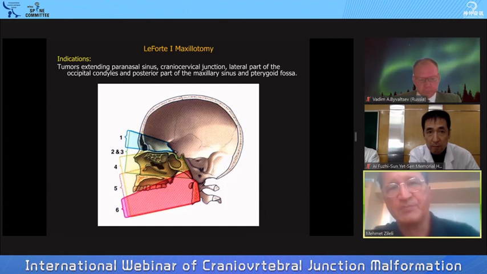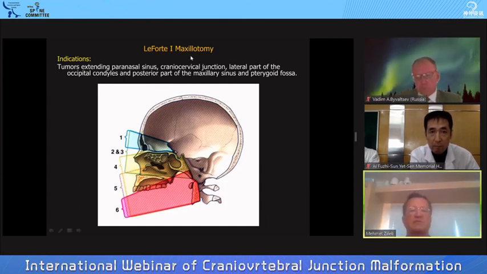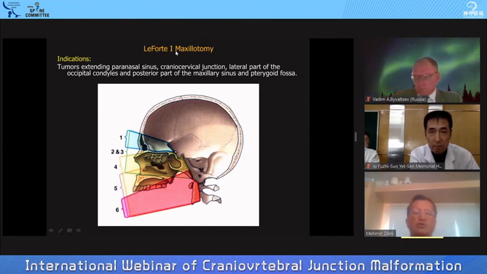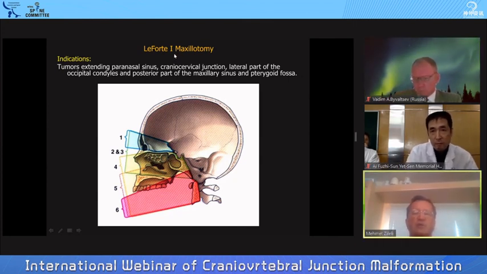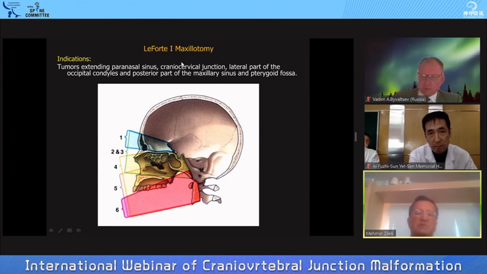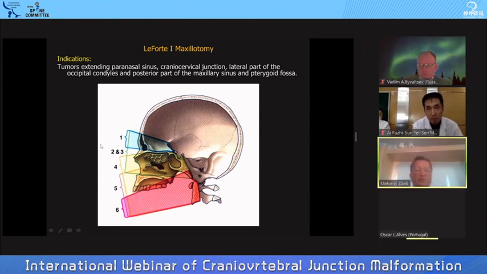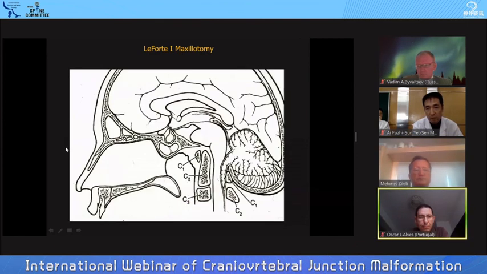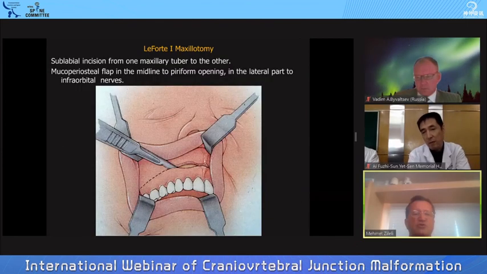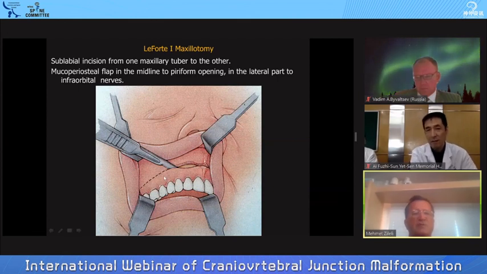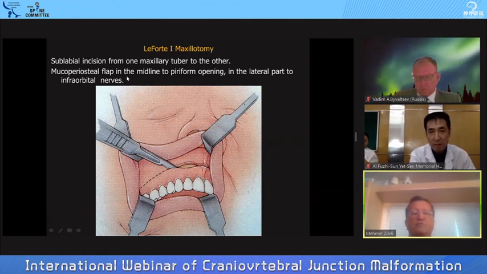There are some other approaches like Le Fort I maxillotomy, which is good for surgery of clivus and upper cervical spine chordomas especially, or some other tumors. In this surgery, you make a sublabial incision from one maxillary tuberosity to the other, a mucoperiosteal flap in the midline to perform opening, and in the lateral parts up to the infraorbital nerves.